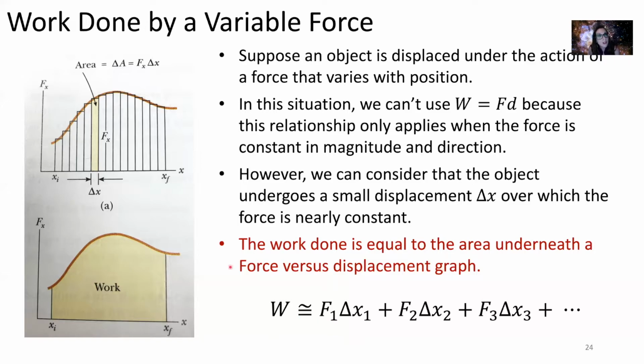So what you can do is you can break up these graphs into little sections, little tiny areas like what we just talked about, and then you could sum up all those little areas, and that would be your total work done. We did the same thing in lab where we had the spring and we were applying the force and measuring that variable force as we stretched the spring over different displacements.